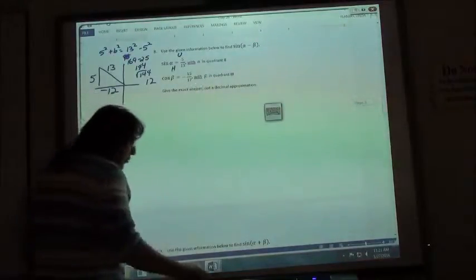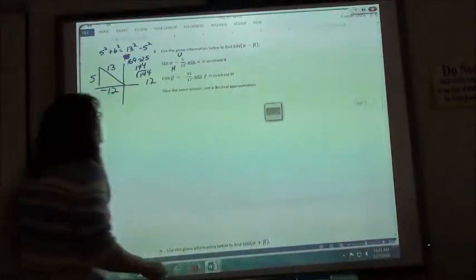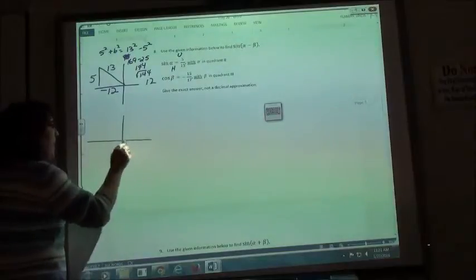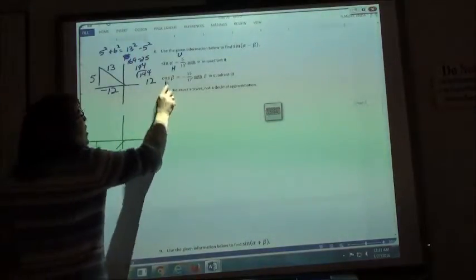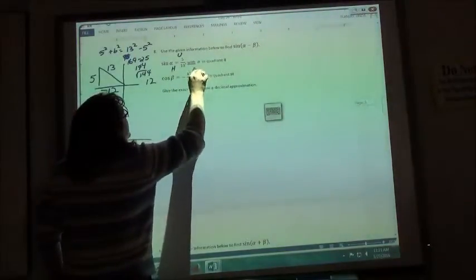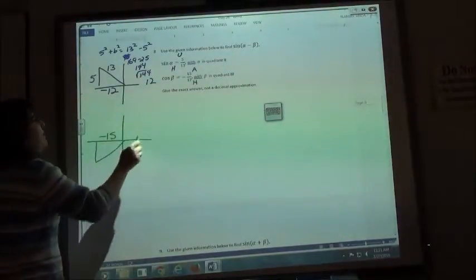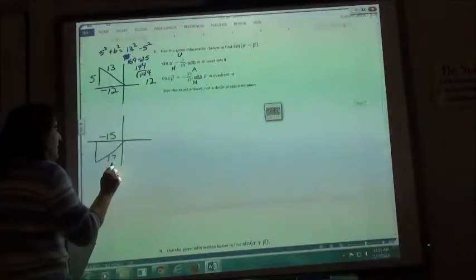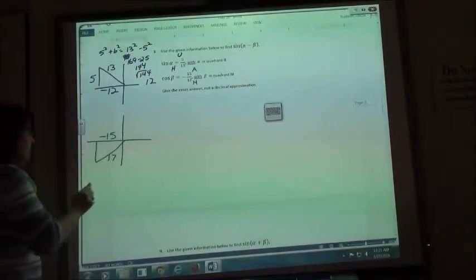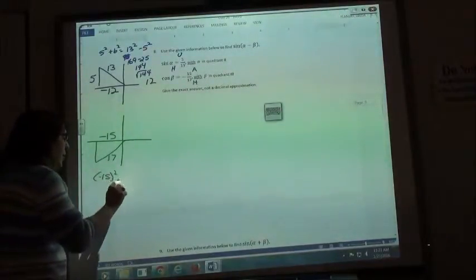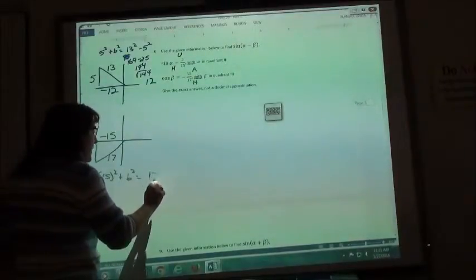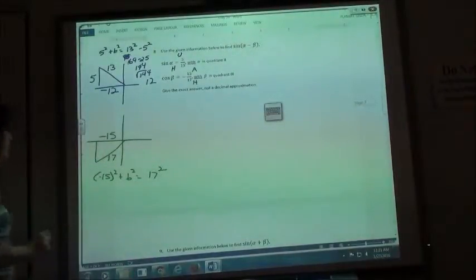So the other one's in quadrant 3. So quadrant 3 would be back here. It's my cosine. My cosine is the adjacent over the hypotenuse. So my adjacent is negative 15, my hypotenuse is 17, and so negative 15 squared plus b squared equals 17 squared.